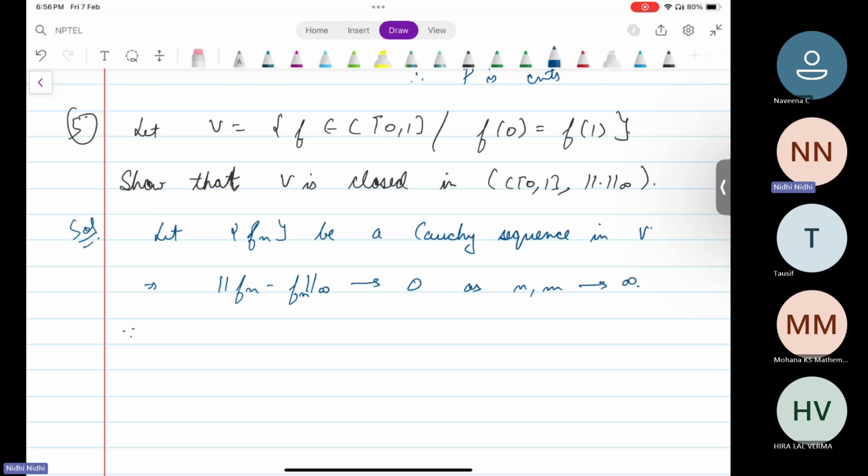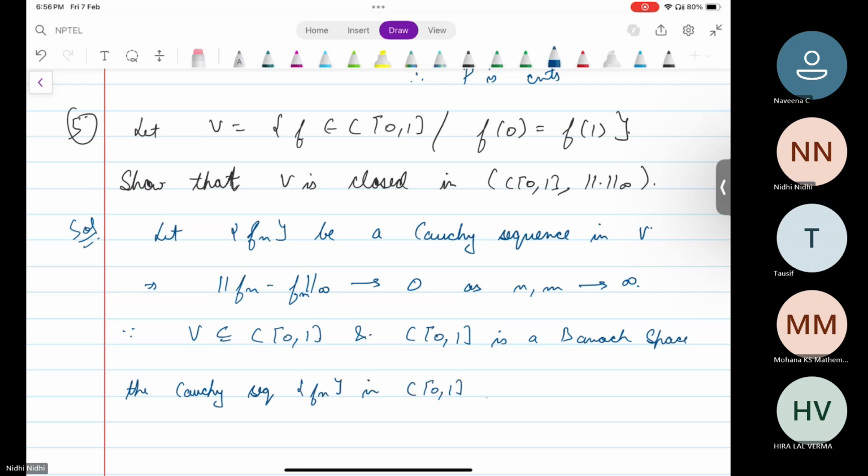Now since V is a subset of C01 and C01 is a Banach space, the Cauchy sequence f_n in C01 must converge to some f in C01.